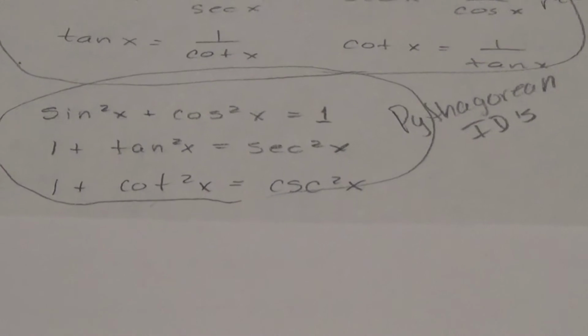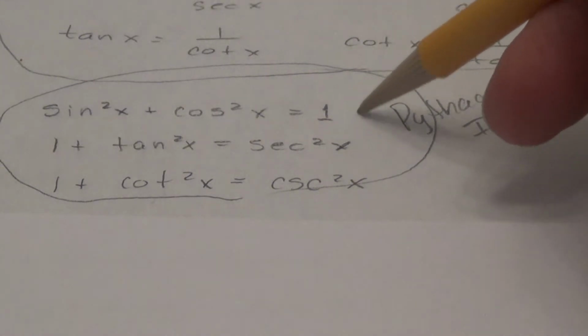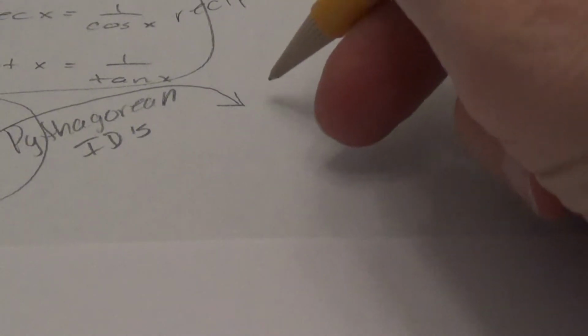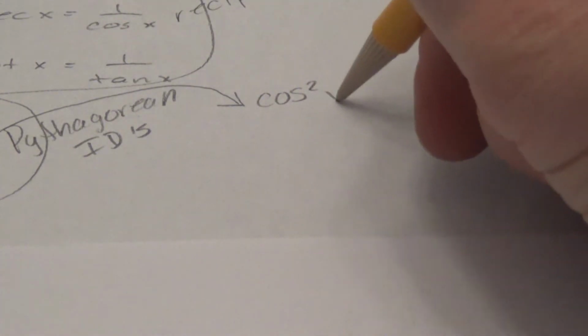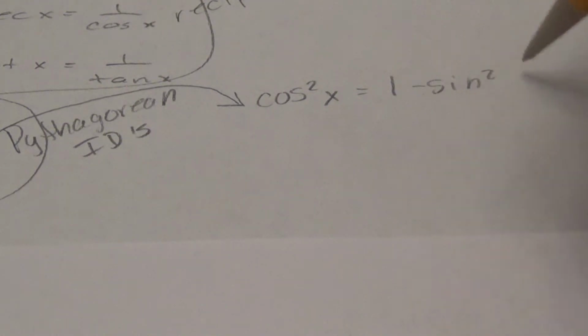So, alright, let us discuss some of the ways you can rewrite sine squared plus cosine squared equals 1. So I'm going to go over here and do that. Sine squared plus cosine squared equals 1 can be rewritten, leaving cosine squared on the right and moving sine squared to the left. When you move it to the left, it becomes negative.